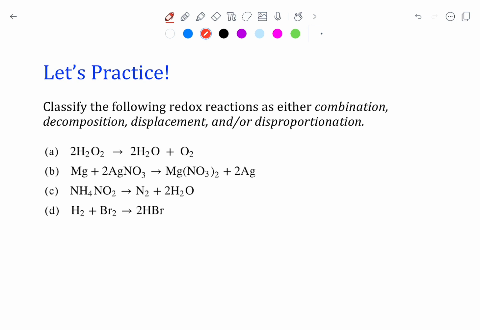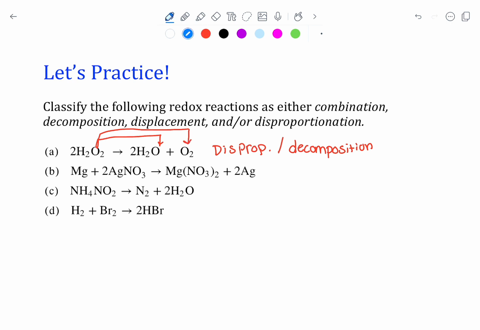Our first example was the example we gave for disproportionation. So this is first a disproportionation, but it's also a decomposition, because the oxygen is going both into the water and into the oxygen gas.